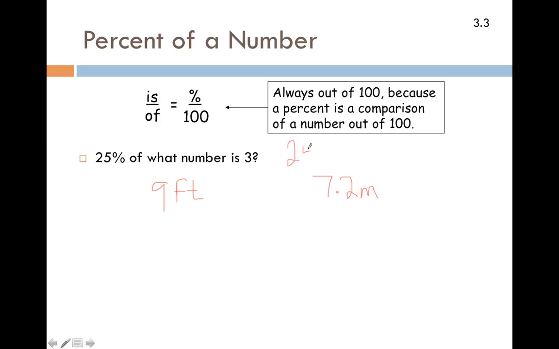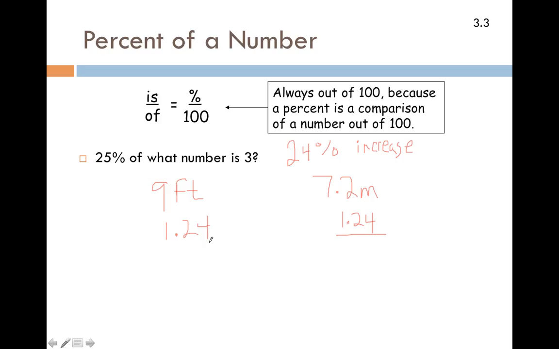Now, we can increase by 24% two ways. I'm going to show you the fastest way to do it, which is just to multiply by 1.24. And this one gets multiplied by 1.24 too. So that's the fastest way of doing it.